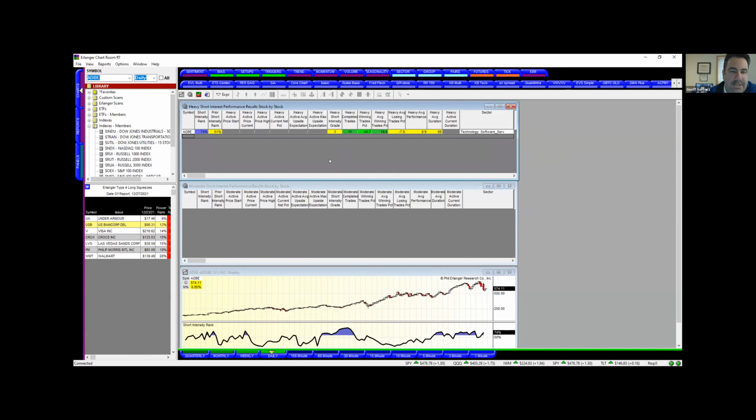So what this shows us is that the heavy short intensity grade is a 3. 1 means that the shorts get absolutely killed, and a 5 means the shorts are making money more than half the time. So there's been 15 trades where there's been heavy short selling in Adobe, and historically the shorts get squeezed 67% of the time, and the average amount that gets squeezed is 18.8%. And when the shorts make money, they make 8%.